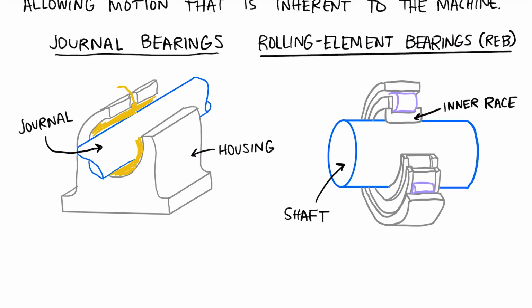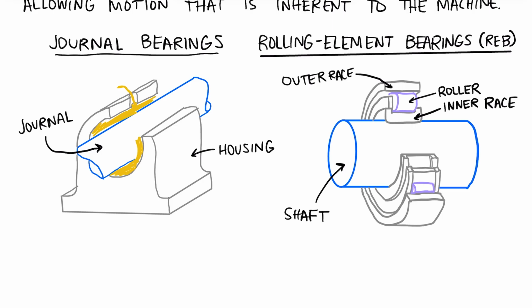And then in purple here, these are the rollers. This is the primary mechanism that transfers load from the shaft to the housing, these rollers that are moving inside. And then, of course, on the outside, we have the housing, but this is also referred to as the outer race.